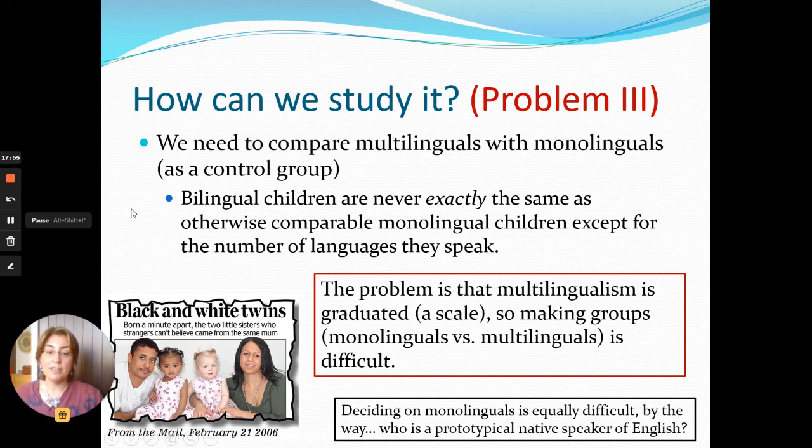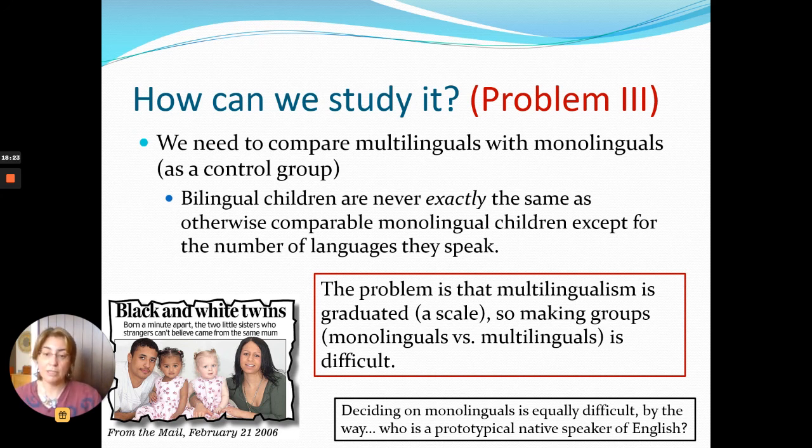And of course, deciding on monolinguals is equally difficult, by the way. So who is a prototypical native speaker of English, for example? Who counts as being monolingual? It's also a scale. And if you're going to study the effects of being monolingual on the psychosocial, cultural makeshift of a person, just because of being monolingual, you will encounter the same difficulties.